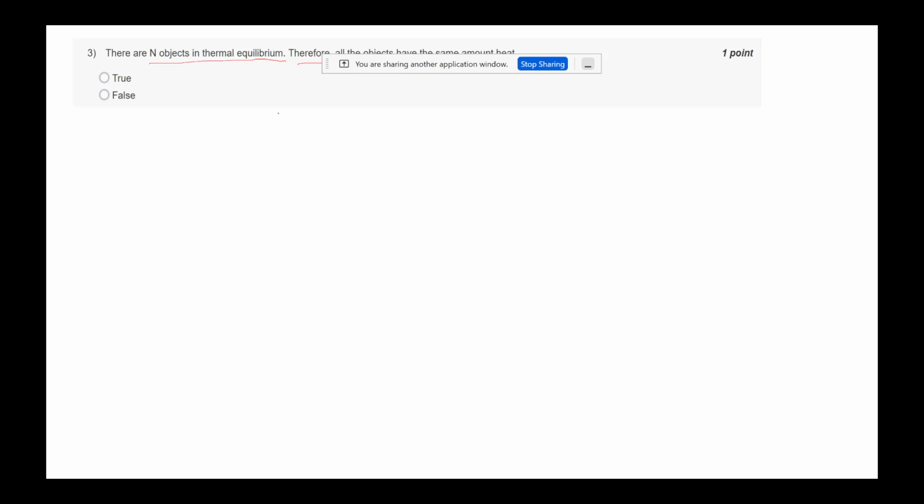Identical objects, same size and all? Let's say they can be identical or non-identical, let's make it general. They are not identical, meaning they have different kinds of volumes or shapes.